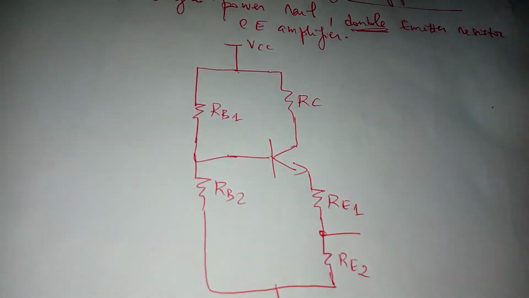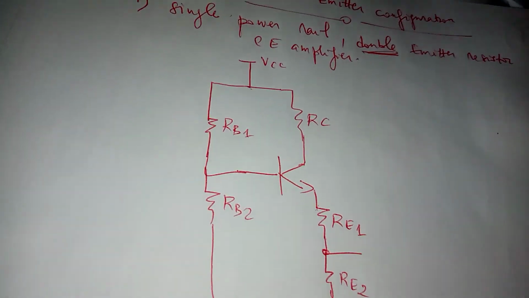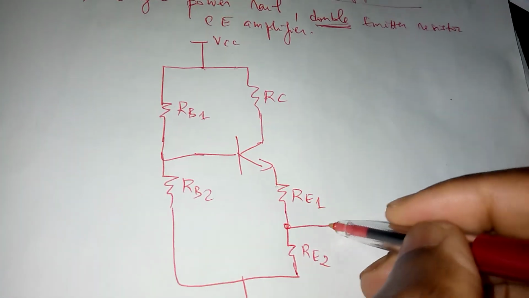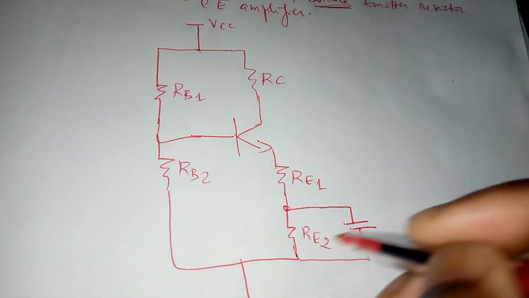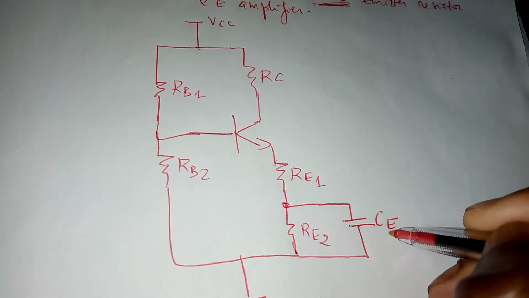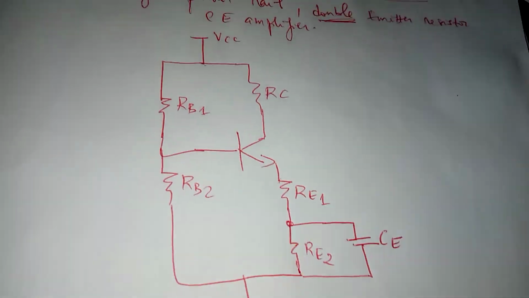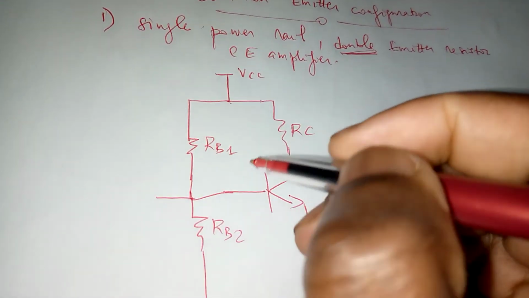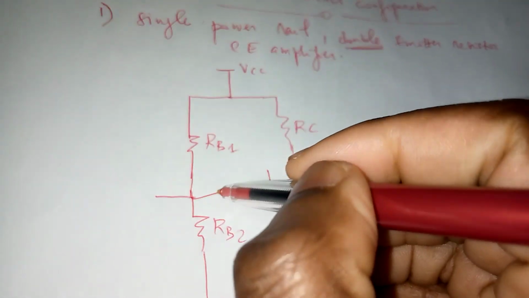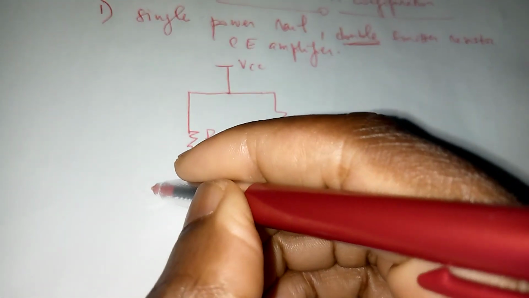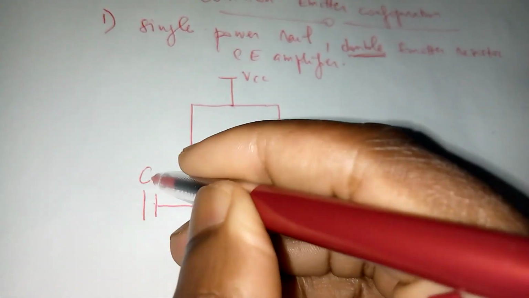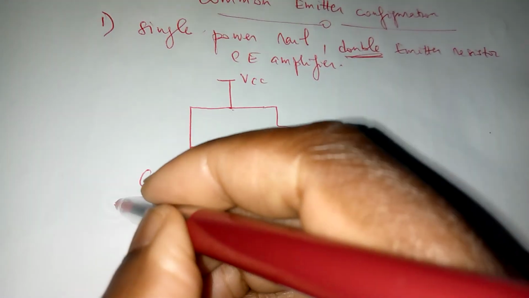Okay, and we have one of the emitters being bypassed by a capacitor that we can call CE, or emitter capacitor. The input is coming to the circuit through the base, so that's the input side, and here we've got a capacitor CI, or input capacitor.